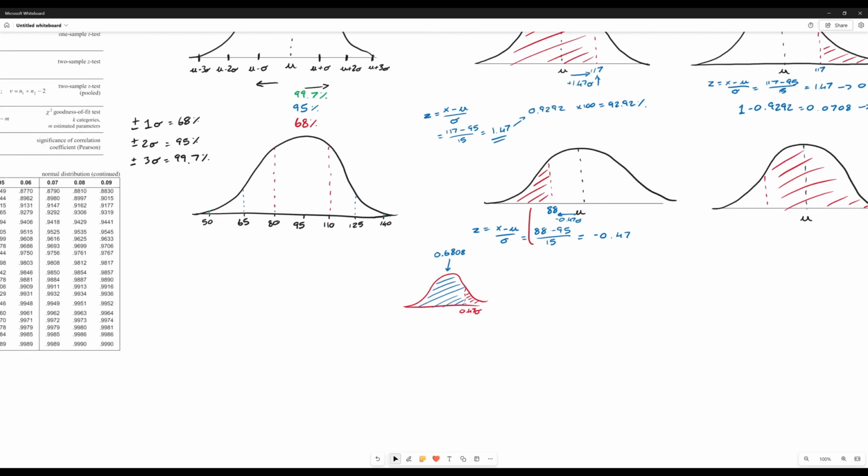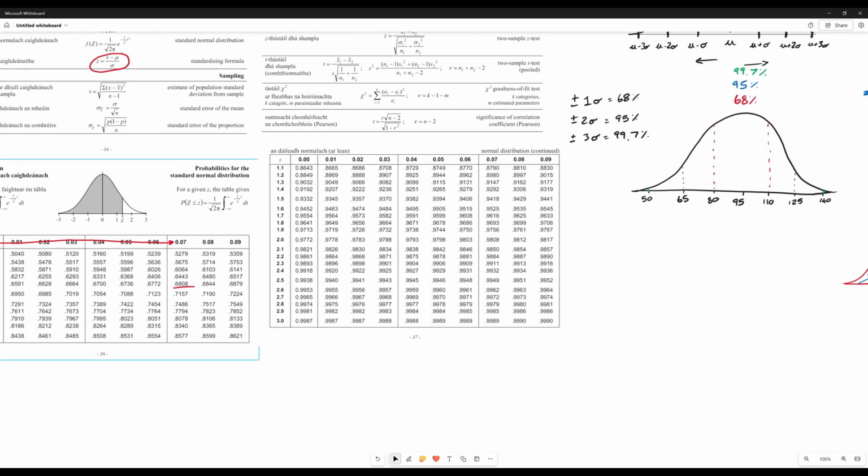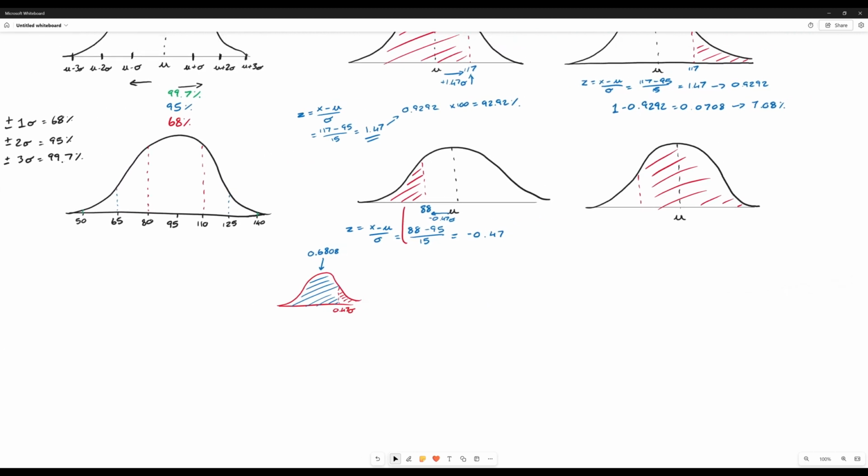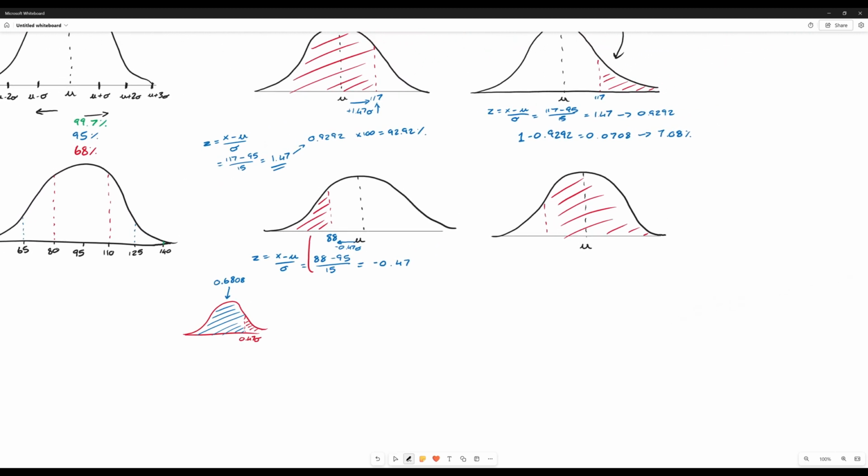Hopefully that hasn't thrown a lot of you, because the graph here in the log tables only tells you what's to the left. So when I said 0.47, it told me what percentage would be to the left of 0.47. And because we wanted to get to the right, we now have to do the 1 minus thing. So I was right when I said it's this thing basically, but I just forgot to do one of those steps for some reason.